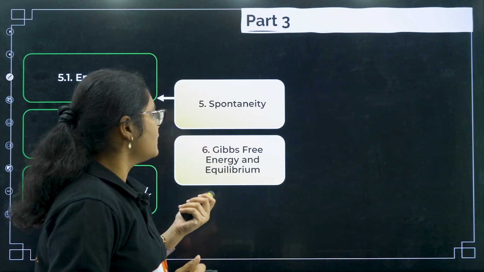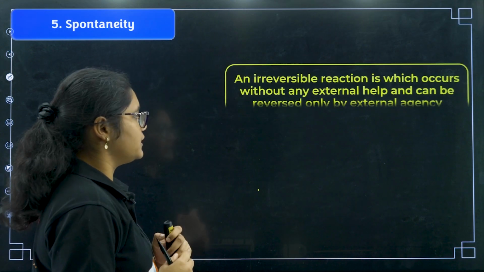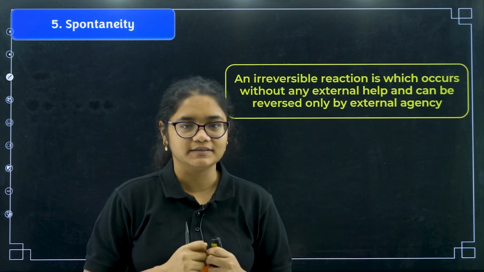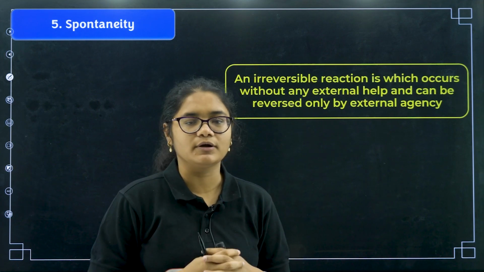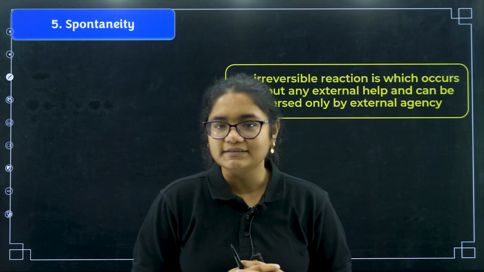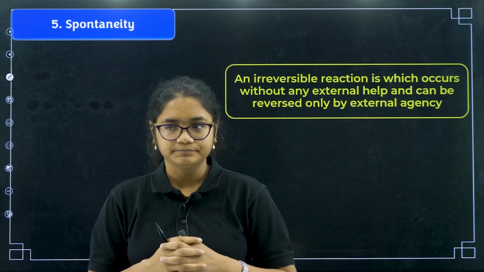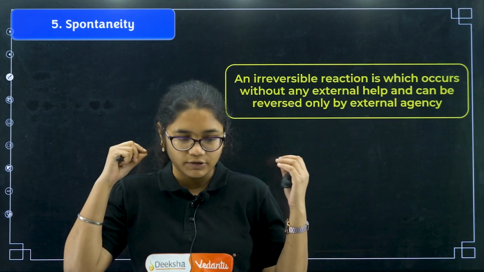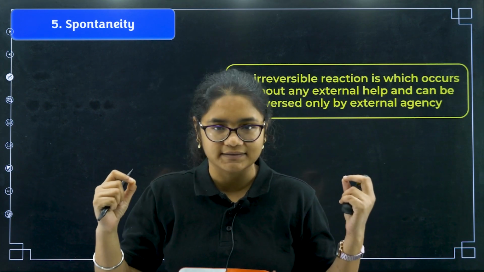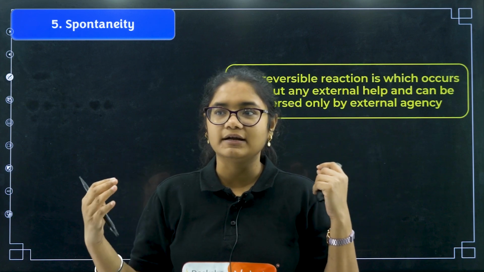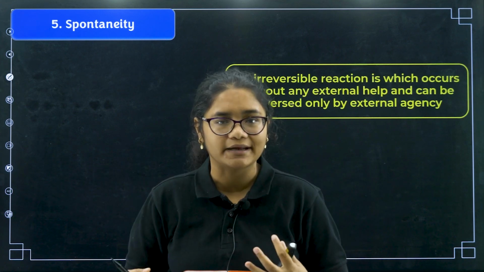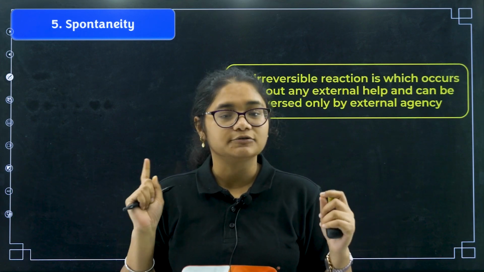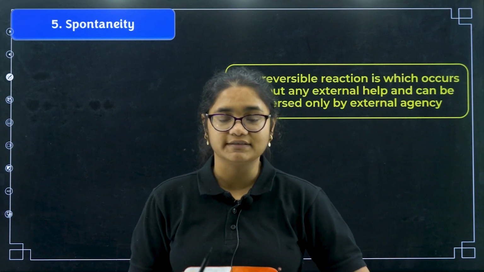Now coming to the first thing, that is spontaneity. What do you mean by a spontaneous process? This is a very important thing. When you hear the word spontaneous, you think that it is a reaction which happens immediately or very fast, right? That is not the correct definition of spontaneous.